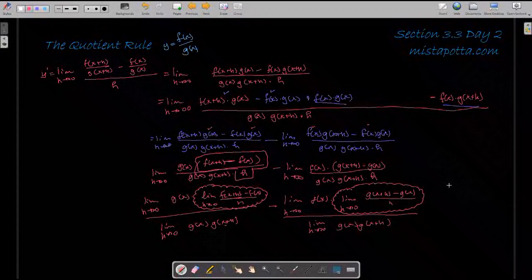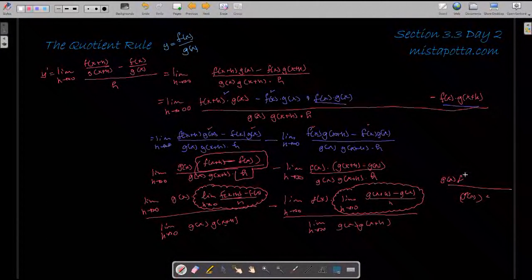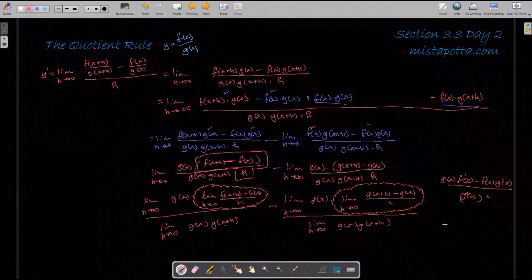So my denominator ends up being g of x squared, and my numerator ends up being g of x times the derivative of f minus f of x times the derivative of g. And this is all over g of x quantity squared.